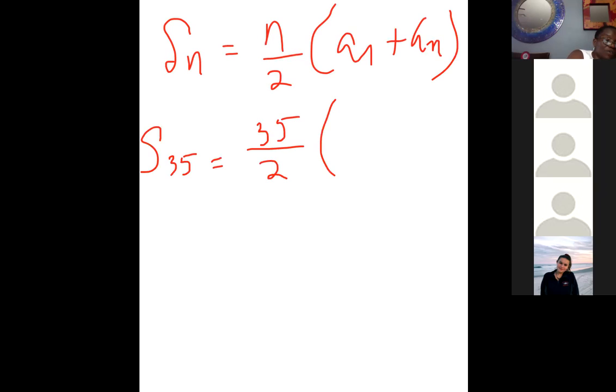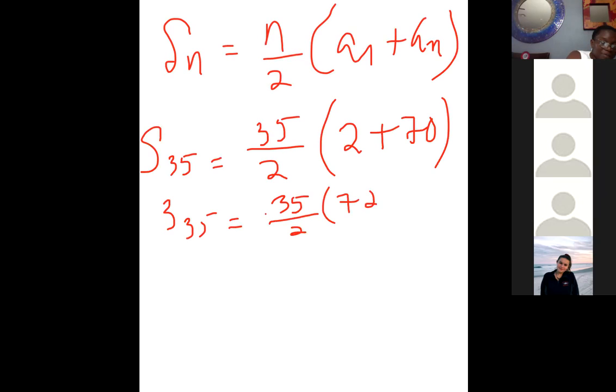The first term was 2. The last term was 70. So now we're going to work it out. 35 over 2 times 72. 2 goes into 72, that's going to give you 36. Or just grab your calculator, guys. 35 times 36. Somebody throw it out on a calculator. Thank you, Gabby. 1260. Thank you, Sarah.